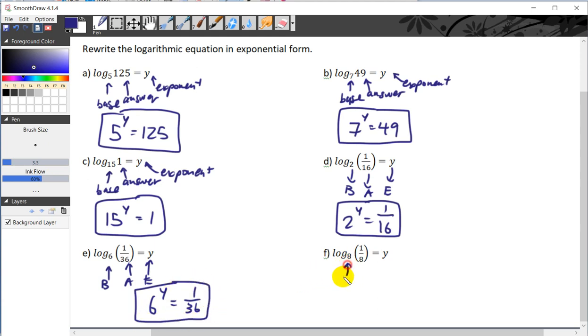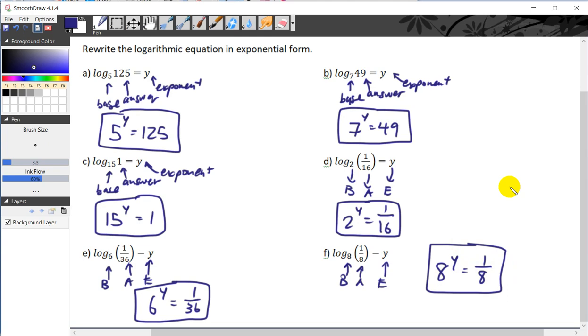This is our base, answer, exponent. 8 raised to the y equals 1 over 8. And that's basically all there is to that one.